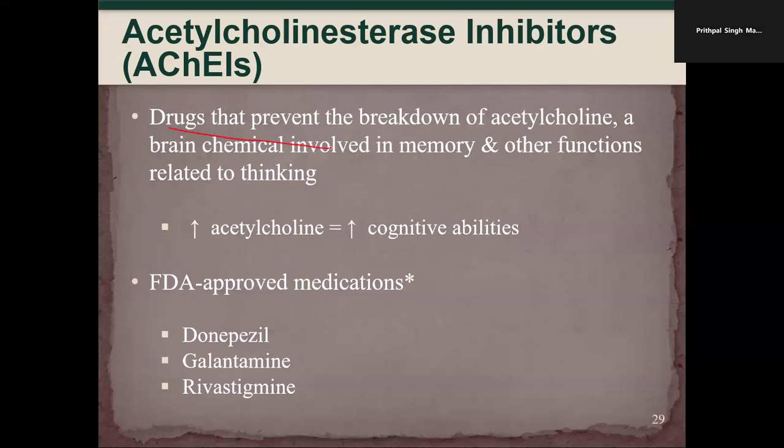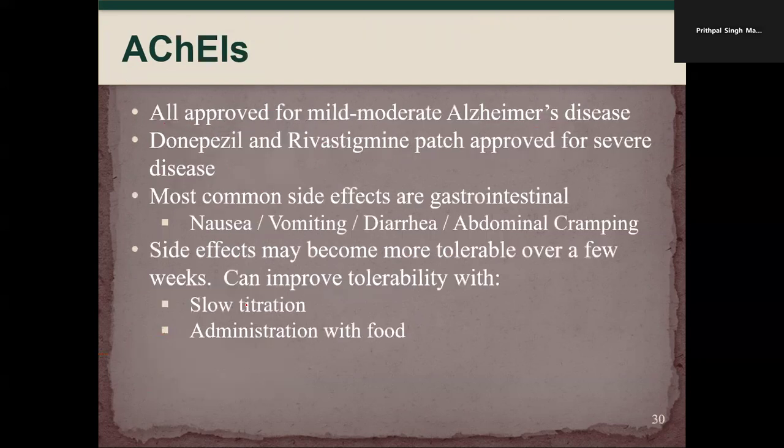So these are drugs that prevent the breakdown of acetylcholine, increasing cholinergic transmission. The various drugs approved are donepezil, rivastigmine, and galantamine. All these drugs are approved for mild to moderate Alzheimer's disease, and then you have the patches of rivastigmine for people with severe disease.